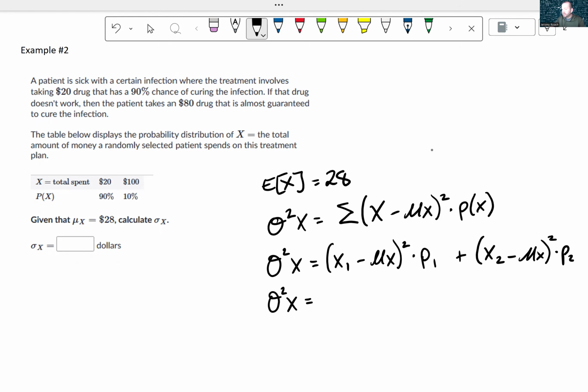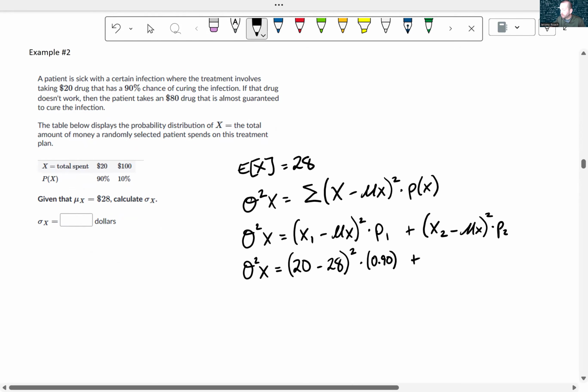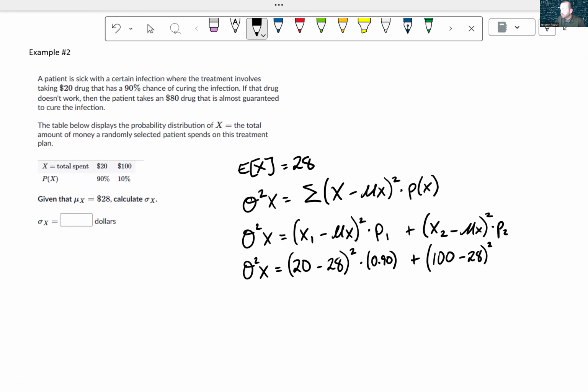Okay, we're just going to plug in these numbers now. So we have 20 minus 28, squared, times the probability of 20, which is 0.90. And now our second scenario is $100 minus the 28 squared times our probability that $100 is 0.10.